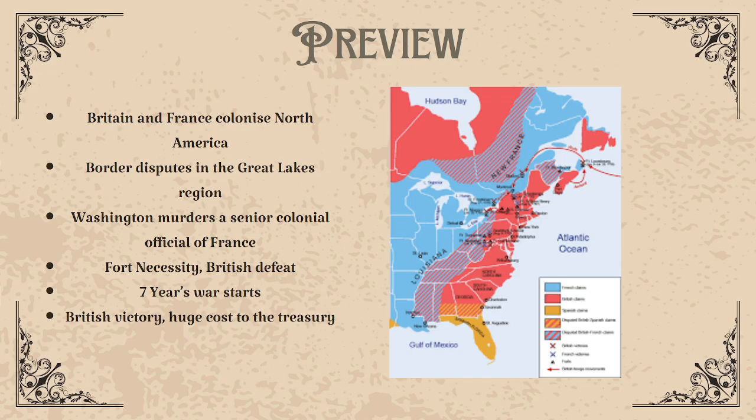That huge cost is going to be something that matters significantly when we talk about the reasons why America revolted, because those costs came to the British at the expense of the British in an attempt to defend their colonies in America. The British see it as money they spend to make sure that the colonists can remain British, and they expect a return on the investment that they made into protecting the colonies during the 7 Years' War.